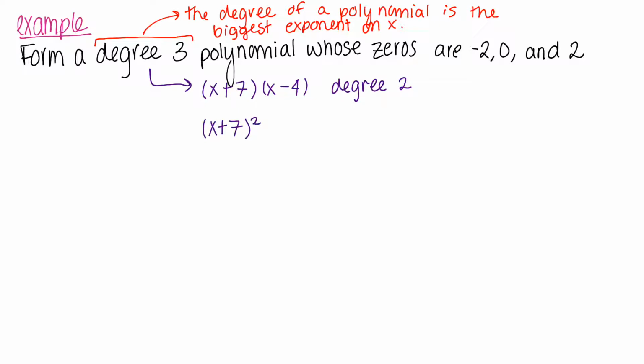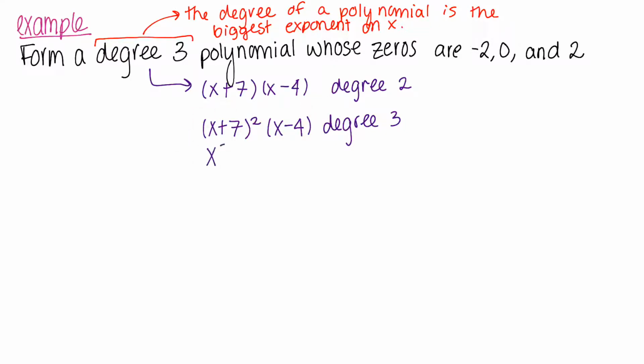If I have x plus 7 squared times x minus 4, this would be a degree 3 polynomial, even though it's not FOILed out at all, because if you FOILed this, you'd get an x squared, and then if you multiplied the x minus 4 in, you'd get an x cubed. So as long as something's in factored form, to know what degree it is, you could just add up the degrees of each of the factors.